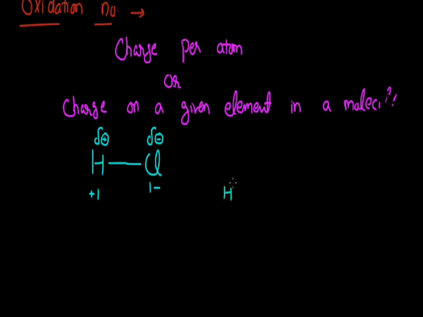In water, hydrogen is bonded with one oxygen atom, and this oxygen satisfies its valency by connecting with another hydrogen atom. So for the bond between the oxygen atom and this hydrogen atom, due to the high electronegativity of oxygen, it will have a partial negative sign, and the charge developed on it can be taken as -1.